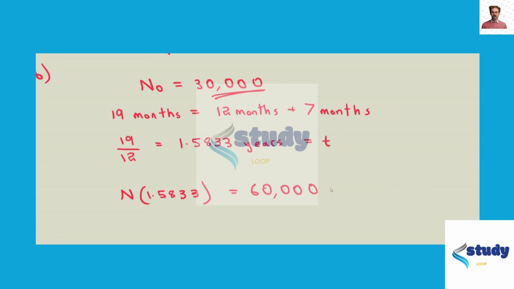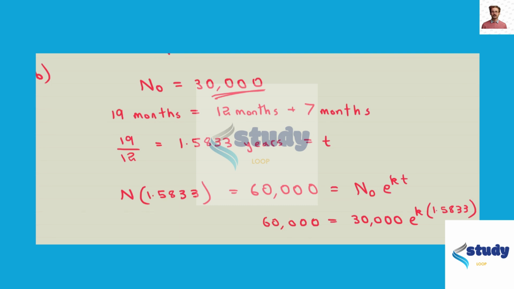We equate it with the formula n0 times e to the power of k times t, substituting n0 as 30,000, k as unknown, and t as 1.5833, with 60,000 on the left hand side.